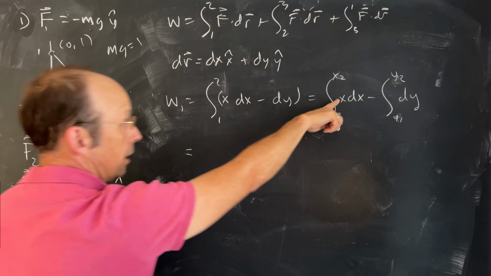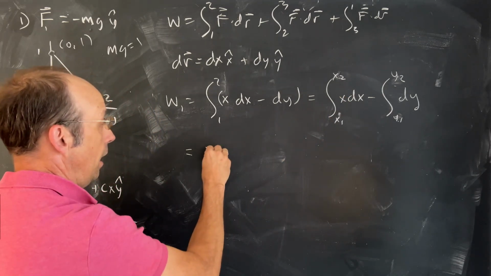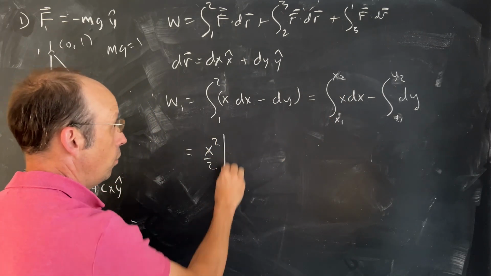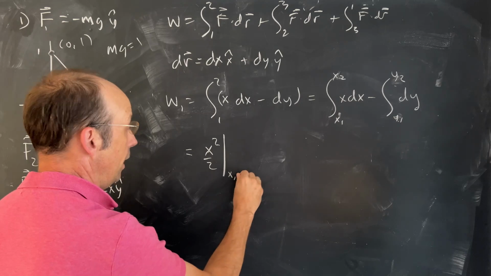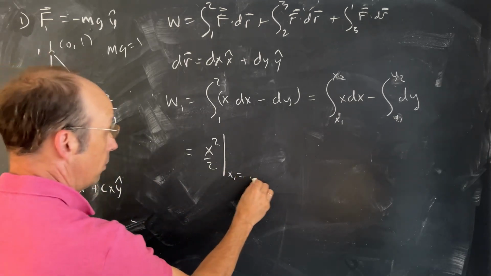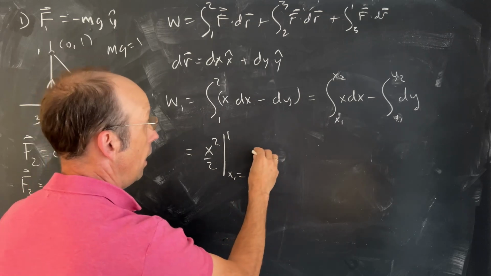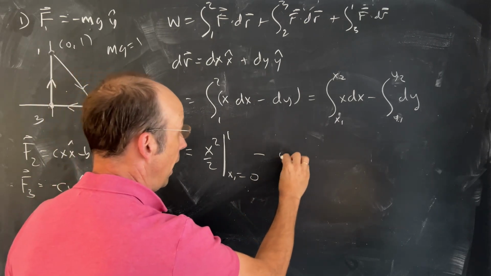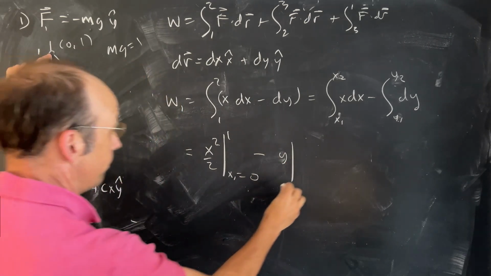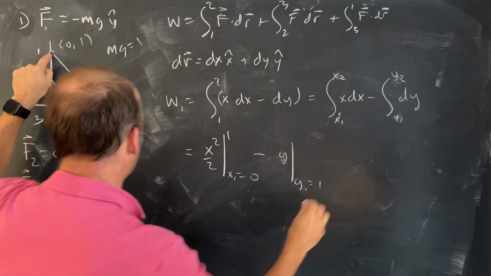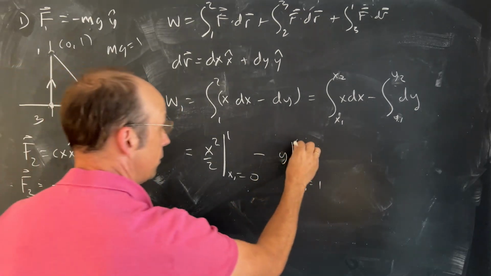So the integral of x dx is going to be x squared over 2 from x1 equals 0 to x2 equals 1, and then minus y from y1 equals 1 to y2 equals 0.